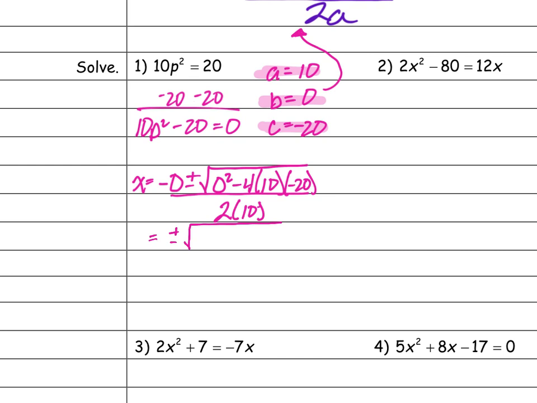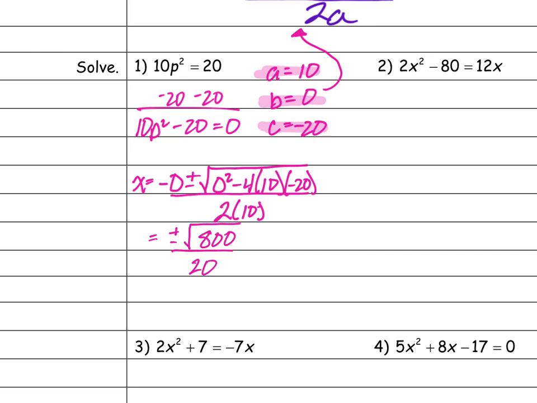Do I have to write 0 down? No. So then I'm going to do negative 4 times 10 times negative 20. So 40 times 20, 800. The square root of 800, divided by 20. I'm going to make my square root a little shorter.